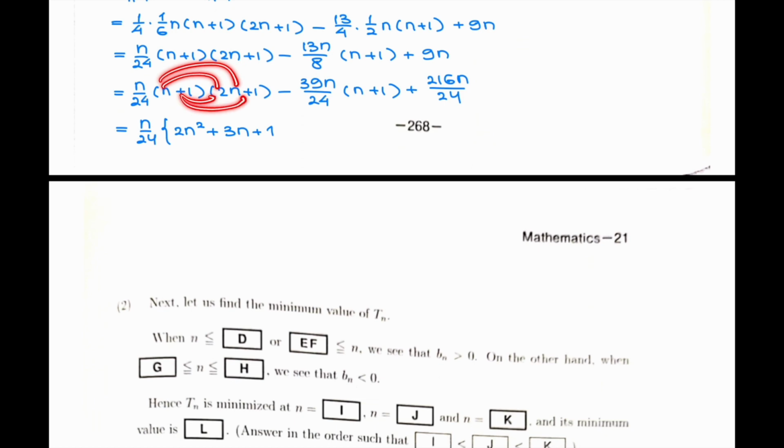If you expand it, you will obtain this expression. And then for the second term, I have negative 39 times n plus 1. I directly expand the 39 into the brackets. And then for the last term, since n over 24 is already factorized, for the last term I have 216.